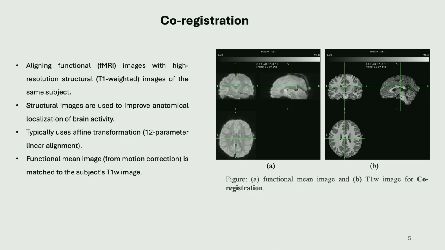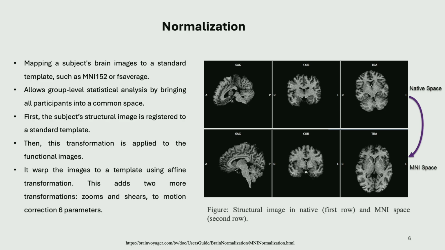I think that the co-registration is fairly straightforward. You want the fMRI data set to co-register with your anatomical, so that you can do a good comparison of the location of these differences.